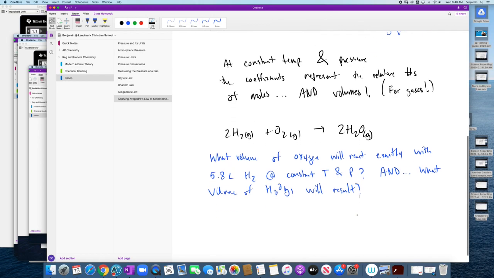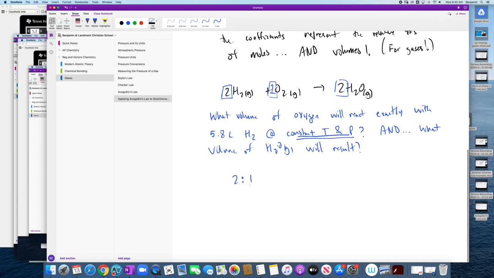We have 5.8 liters of hydrogen. We don't know how many moles of hydrogen are there, but it's at constant temperature and pressure, so Avogadro's law applies. In other words, the coefficients represent the relative numbers of moles, but also the relative volumes. So we have a 2-to-1 ratio for the moles, which means a 2-to-1 ratio of the volumes.